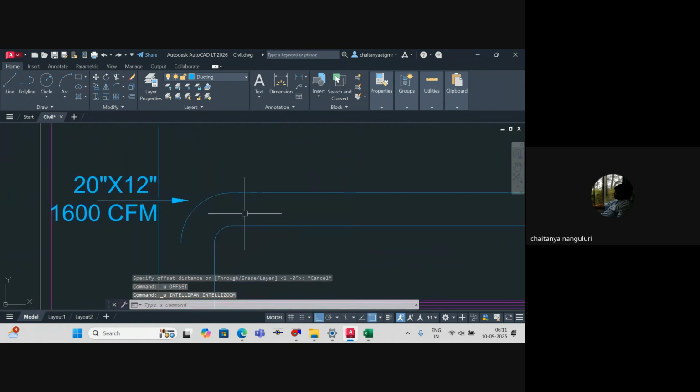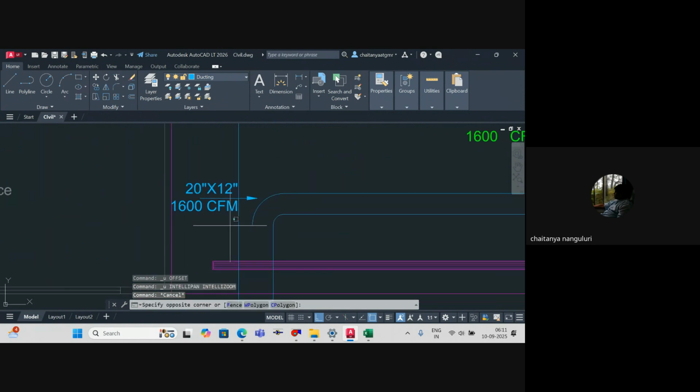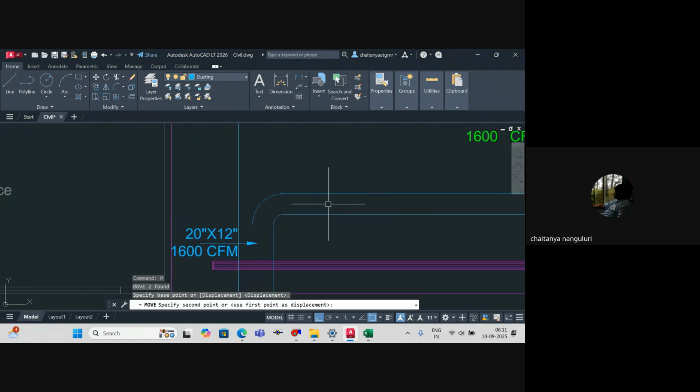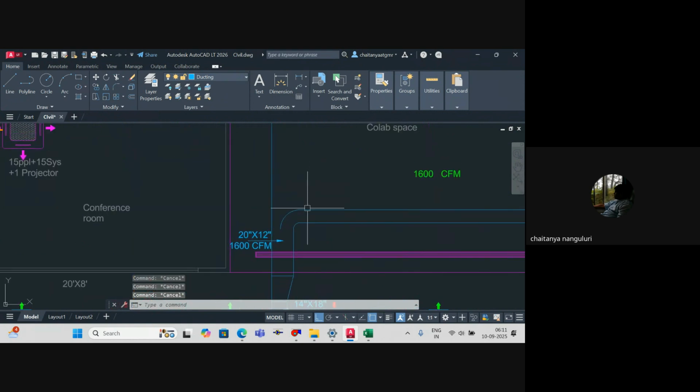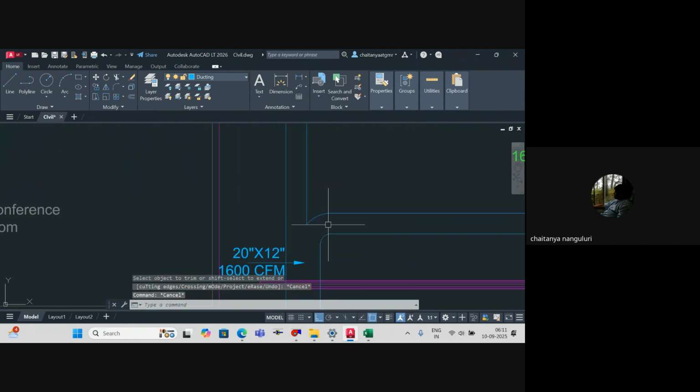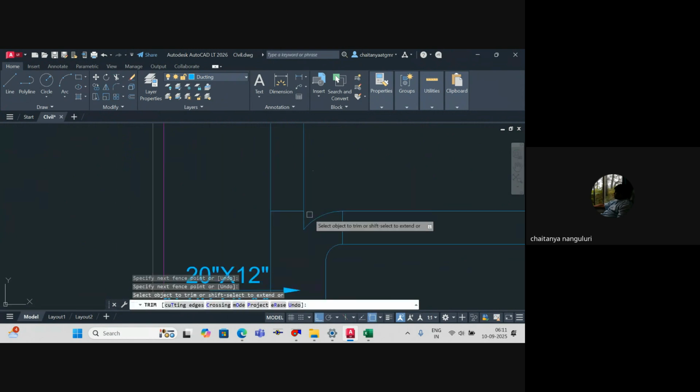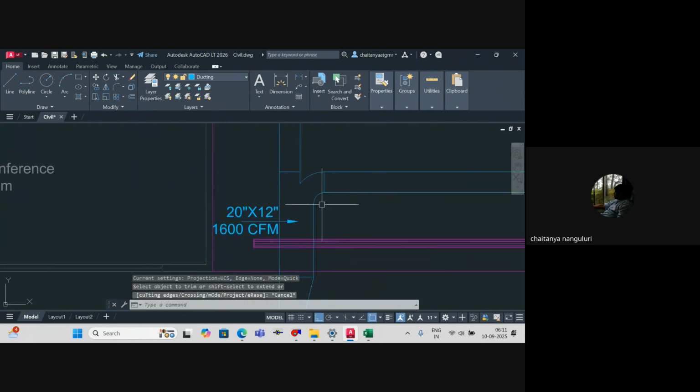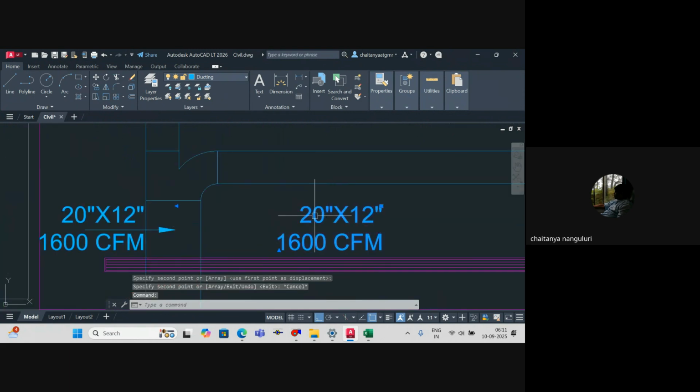Make both equal, because equally anyway it is. So we'll try to do something out of it. So this will be 12 inches by 12 inches.